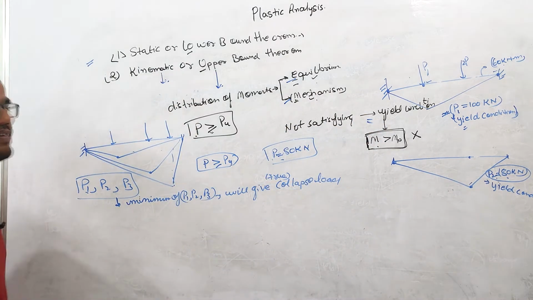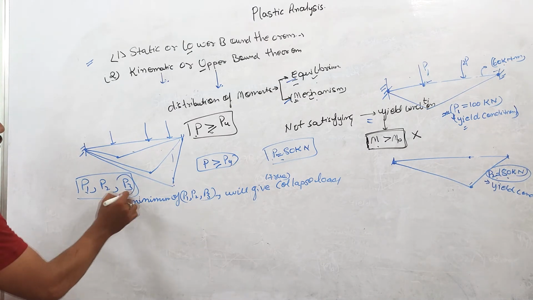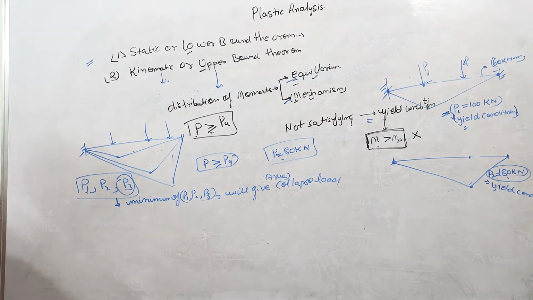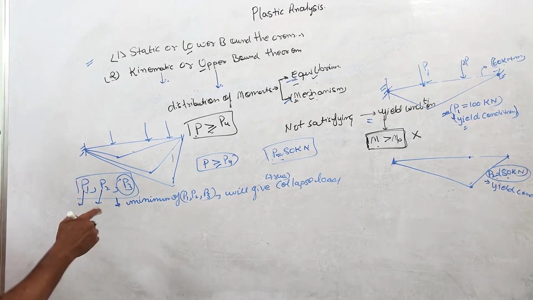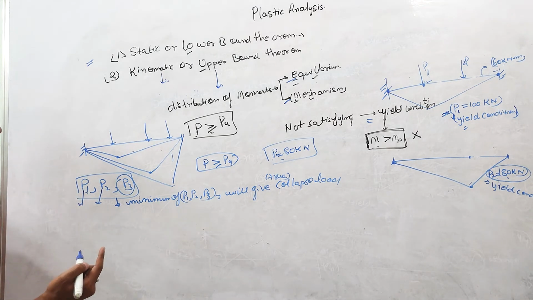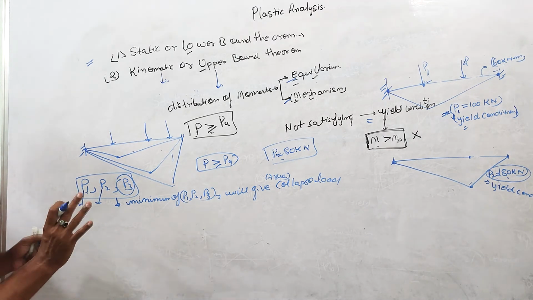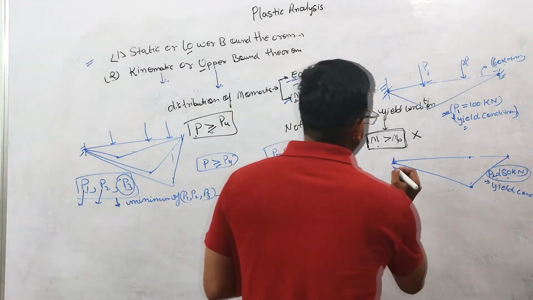So if you are adopting the kinematic theorem, the minimum value you need to take, because there may be a possibility that P1 and P2 result in violating the yield condition. So the minimum value you have to take, because we are already assuming that the beam is in collapse.